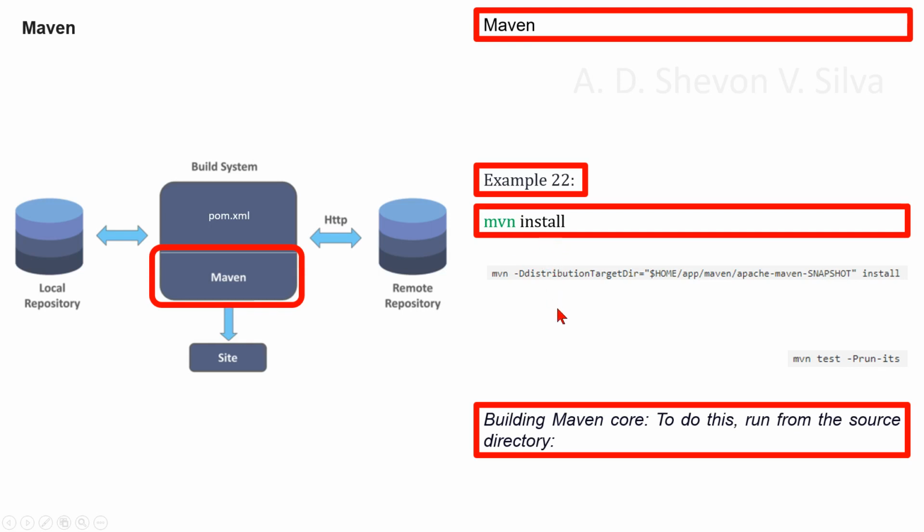The assemblies will be created in apache-maven and can be manually unzipped to the location where you would like the resulting Maven installed. If you want the resulting Maven directly copied to a directory, you can use the distribution target dir property here.